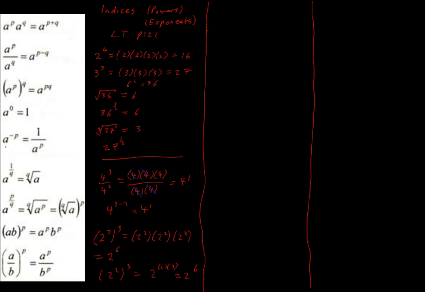You can see here a to the power of minus p is equal to 1 all over a to the p. An example of that in practice might be 2 to the power of minus 1 is equal to 1 all over 2 to the power of 1. So if I have a negative power, it means that it changes the line that it's on.